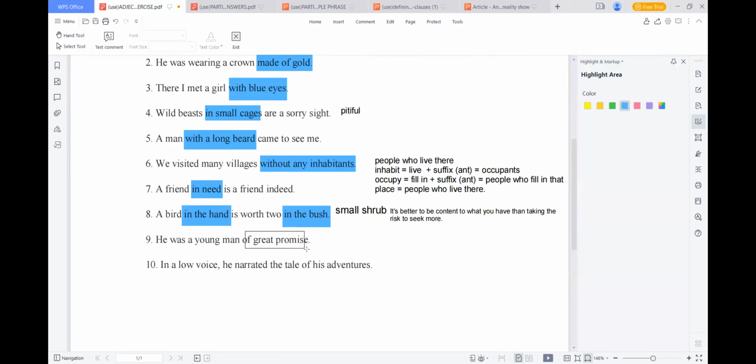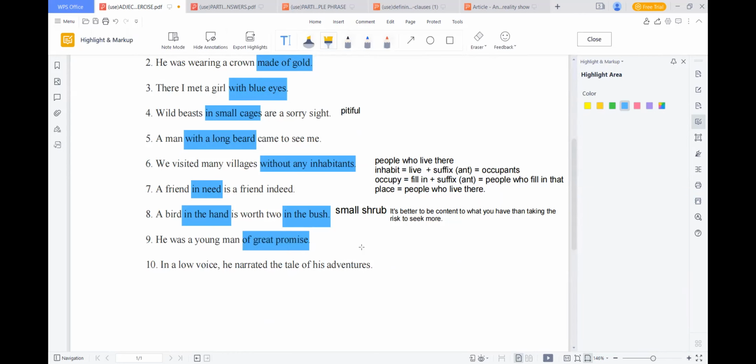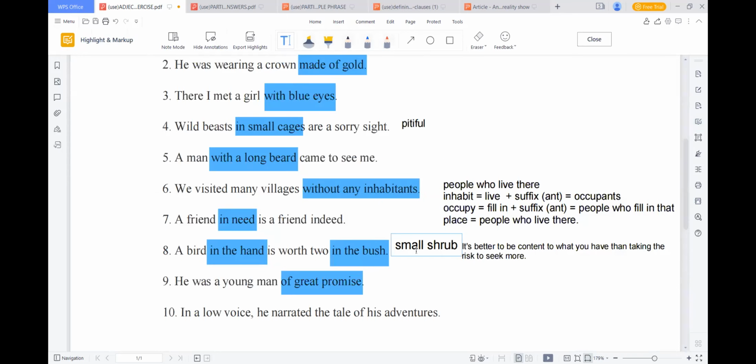So what does it mean to you? 很守信用。Of great promise 看起来有点像很守信用。It means 有大好前途的, with a great future or great promise. This person is very promising.